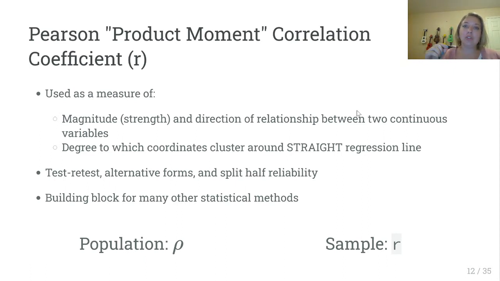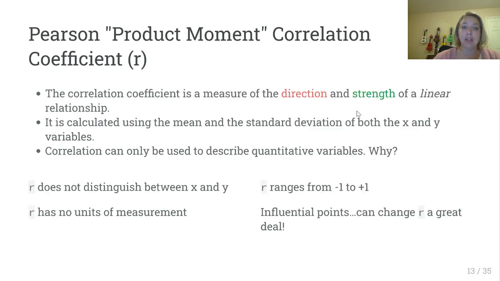This is often used to measure the correlation between an initial test and a retest, or person 1 and person 2, between alternate forms of a test or measurement scale to look at validity, agreement. It's a building block for a lot of other statistical models.